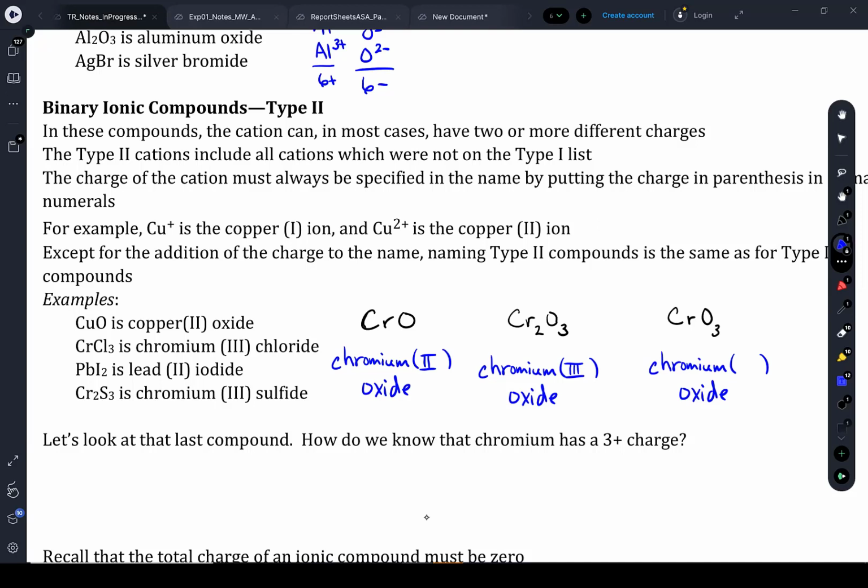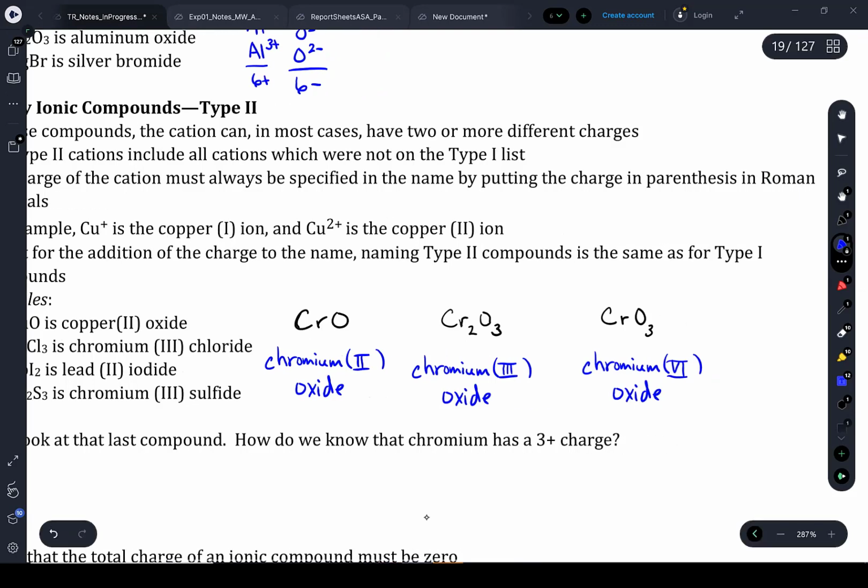And then this one, which we sometimes use in organic chemistry, but is quite dangerous, is chromium what oxide? Yeah, there's only 1 chromium and the negatives add up to 6. So this is 6 plus. We can go as high as 8, to my knowledge.